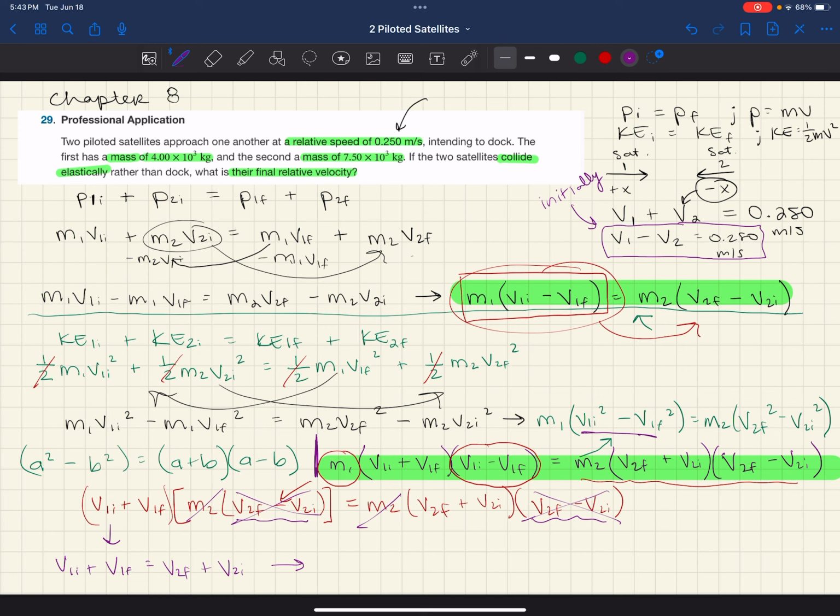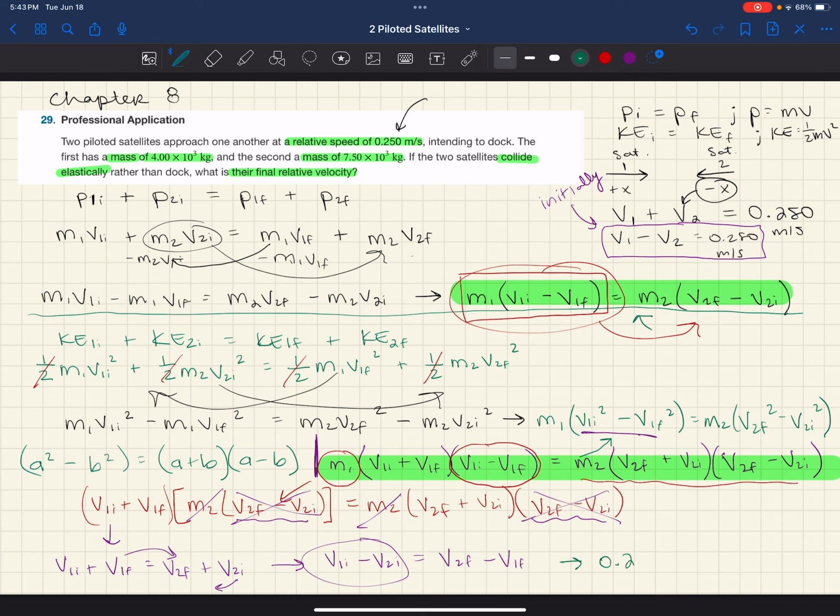So then I want my equation to say v1 initial minus v2 initial. So all I have to do is move this term to the left side, and I'll move this term over to the right side. So that would give me v1 initial minus v2 initial equals v2 final minus v1 final. Okay, well now I can replace this with what we know it equals, and that's 0.250.